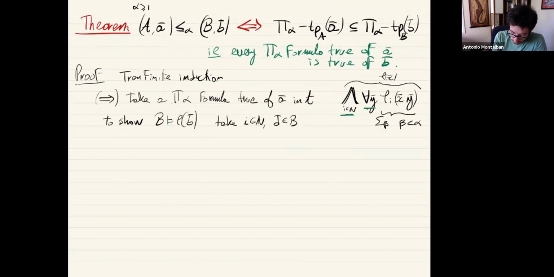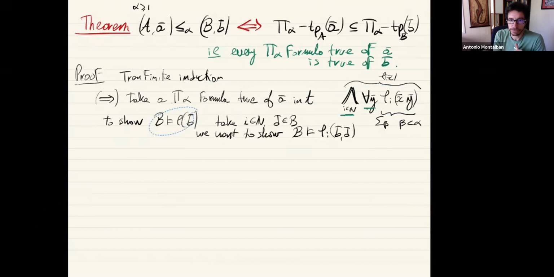And we want to show that B models phi i of a, d. If we manage to show this for every i and for every d, that shows that this whole formula is true in B.